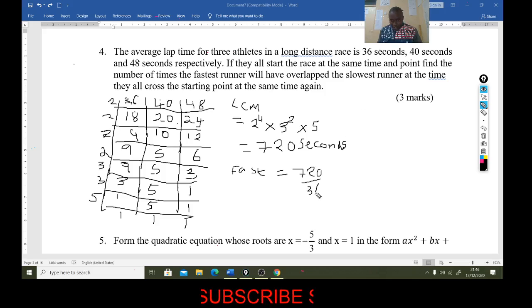You find that he shall have gone 20 times around the field. He shall have moved 20 times.